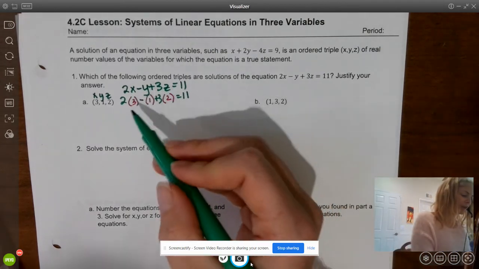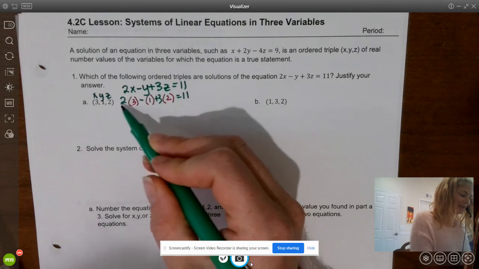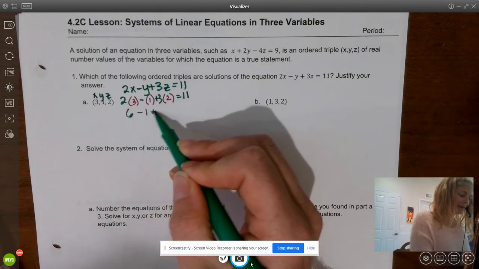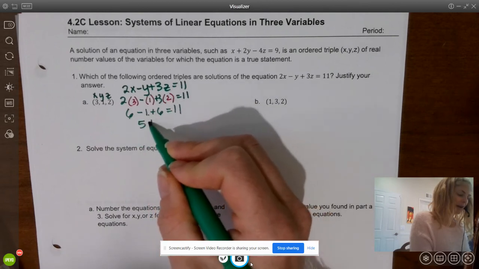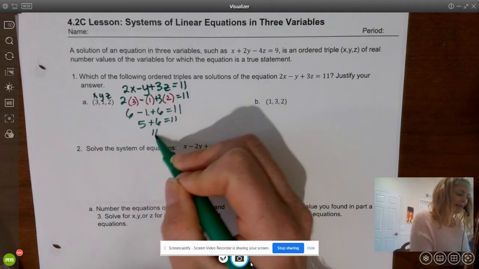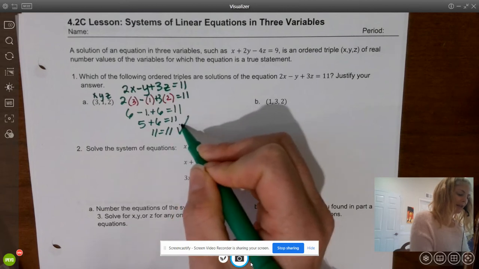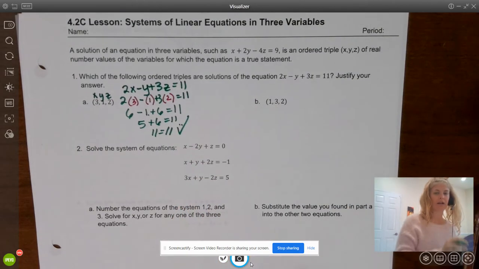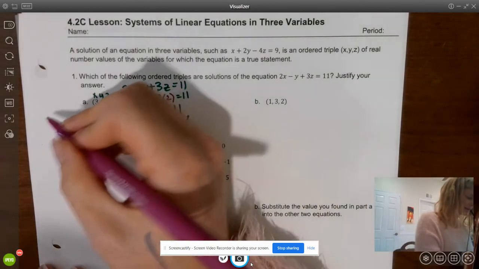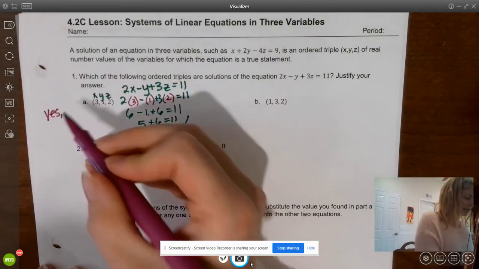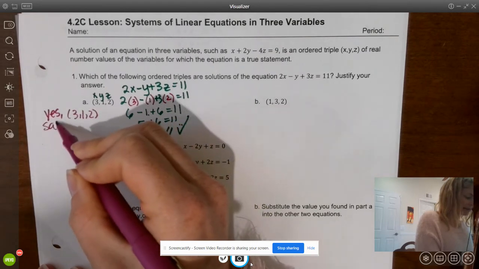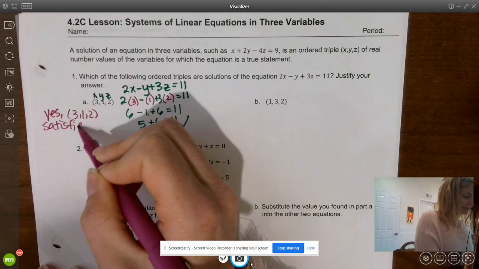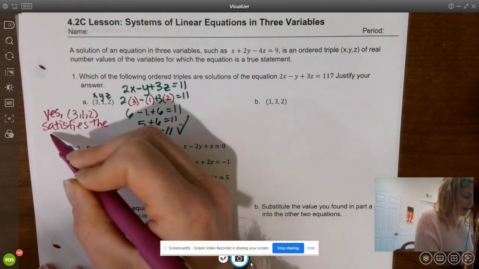Okay, so here, 2 times 3 is 6, minus 1, plus 6 equals 11. 6 minus 1 is 5, 5 plus 6 is 11, and 11 equals 11. True statement, yay! So we're going to say yes, 3, 1, 2 satisfies the equation.